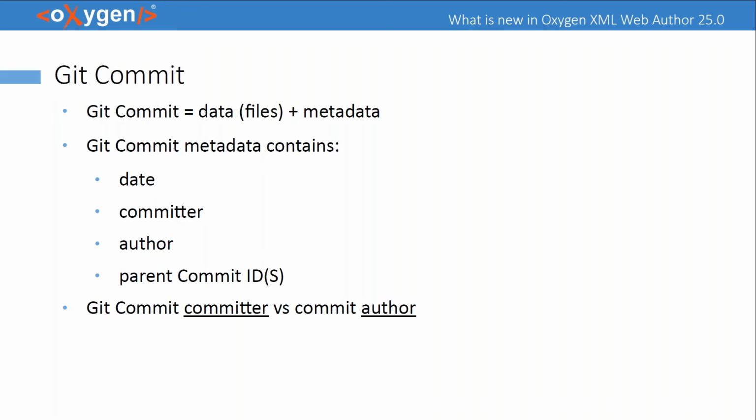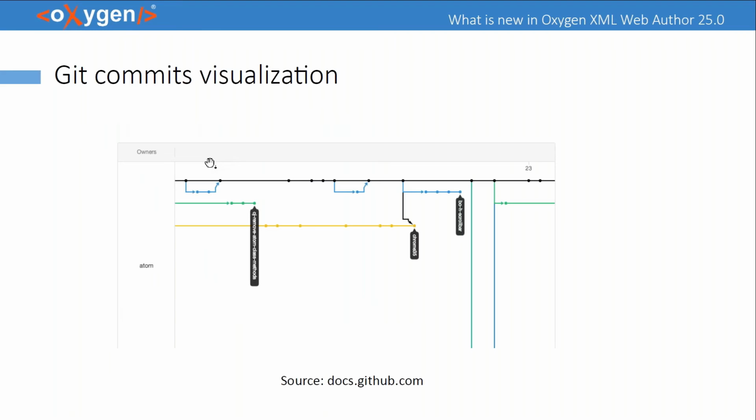Okay, I won't go into any more details about commits. That's all the basic knowledge about them that you need in order to understand the solution. Here you can see in a visual way a commit history of a project, each dot being a commit.